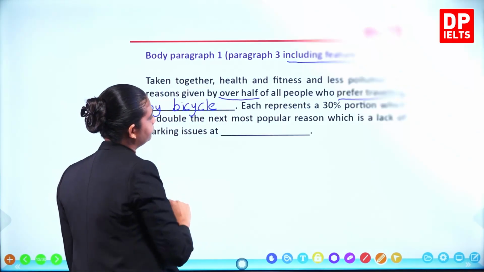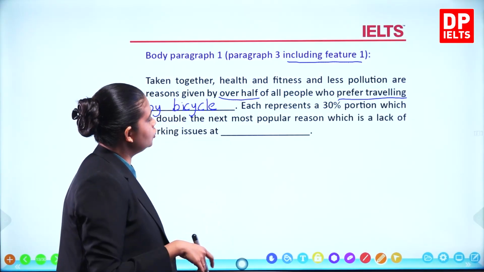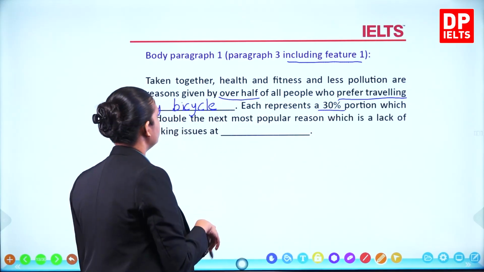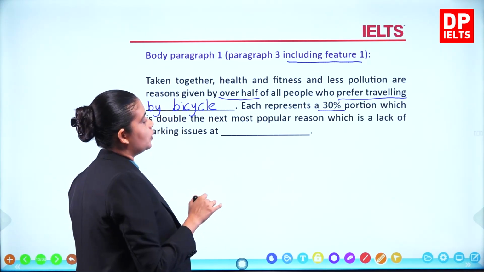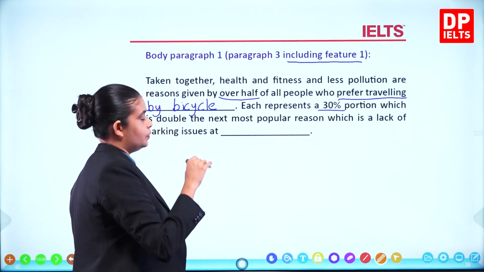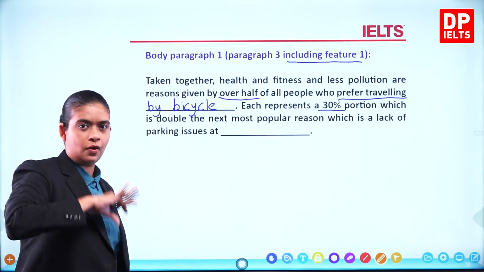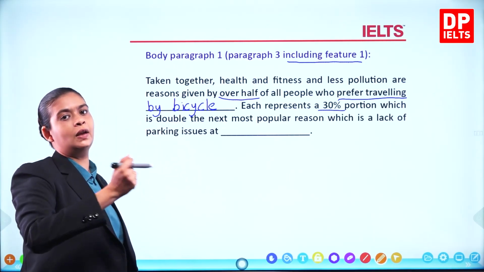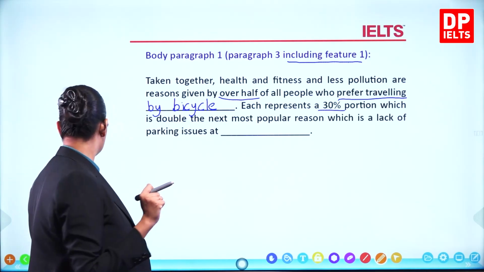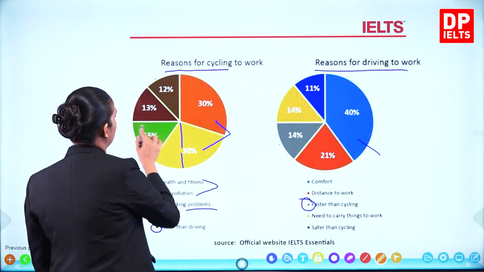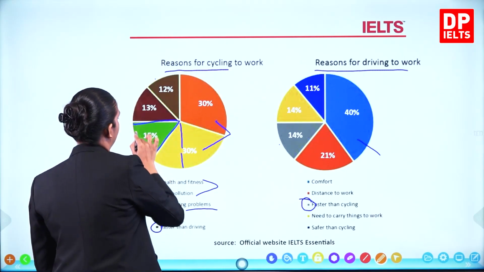Bicycle. Next one, each represents a 30% portion which is double the next most popular reason. Okay, so the next most popular reason is half as that because of that amount only is doubled and that was only 30%, right? So which means it is half of 30% means the next popular one is at 15%.